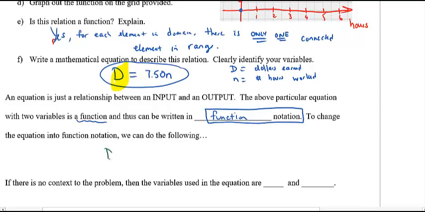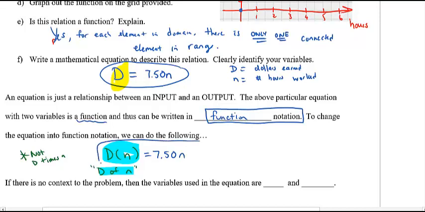We put D with a bracket n. This is said "D of n." Okay? Do not mistake this. This is not D times n. This whole notation here is called D of n. The dollar amount is dependent upon the number of hours worked. And that is equal to, and the right hand side stays the same, 7.50n. This whole expression here is function notation.